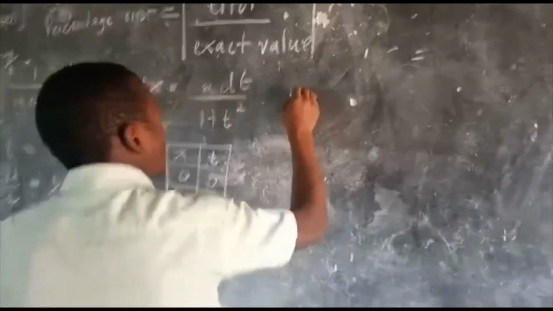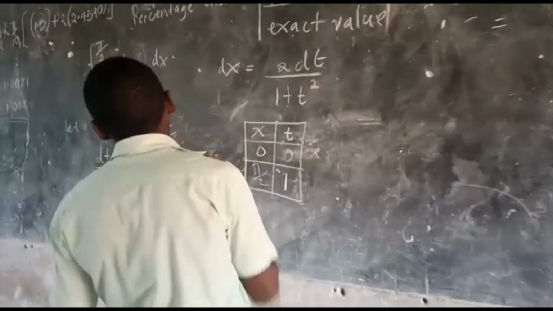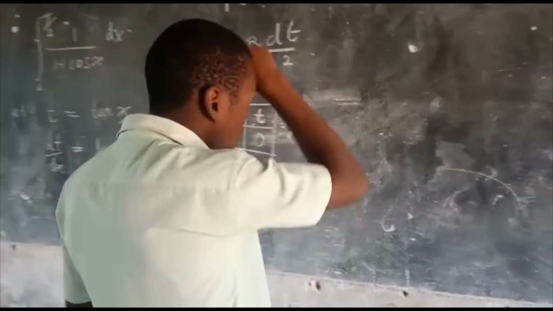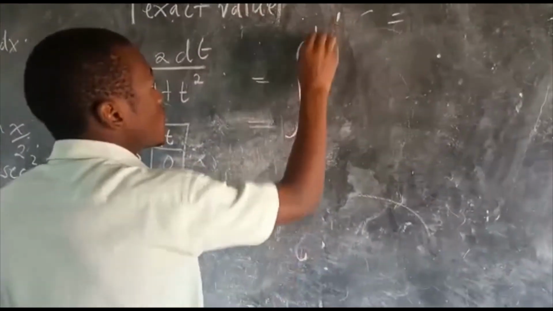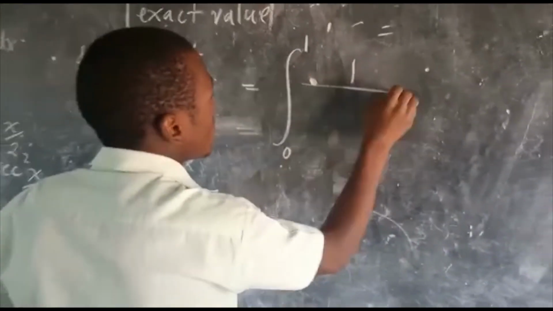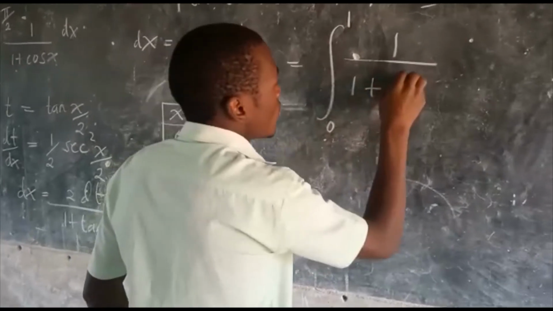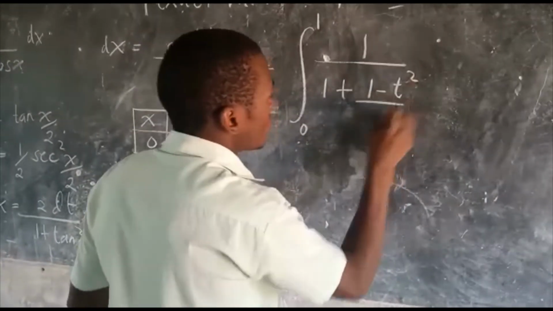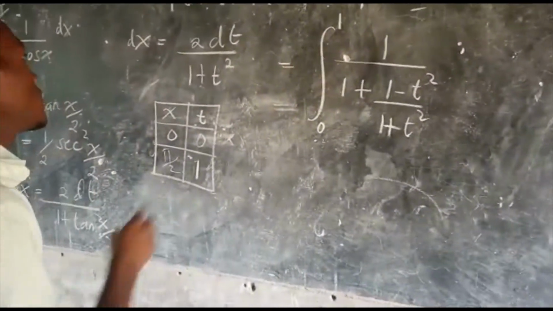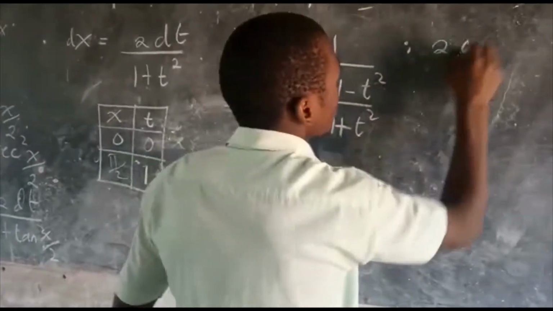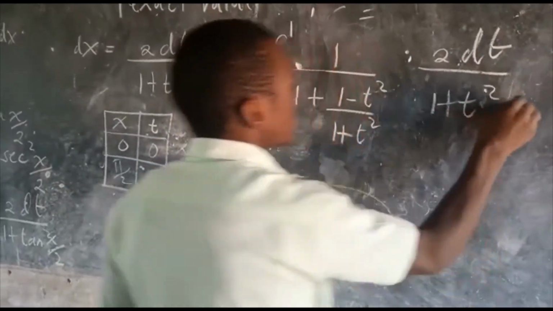Now the integral from 0 to pi over 2 of 1 over 1 plus cos x dx will be the same as the integral from 0 to 1 of 1 over, but remember cos x is the same as 1 minus t squared over 1 plus t squared, times my dx, which is 2 dt over 1 plus t squared.